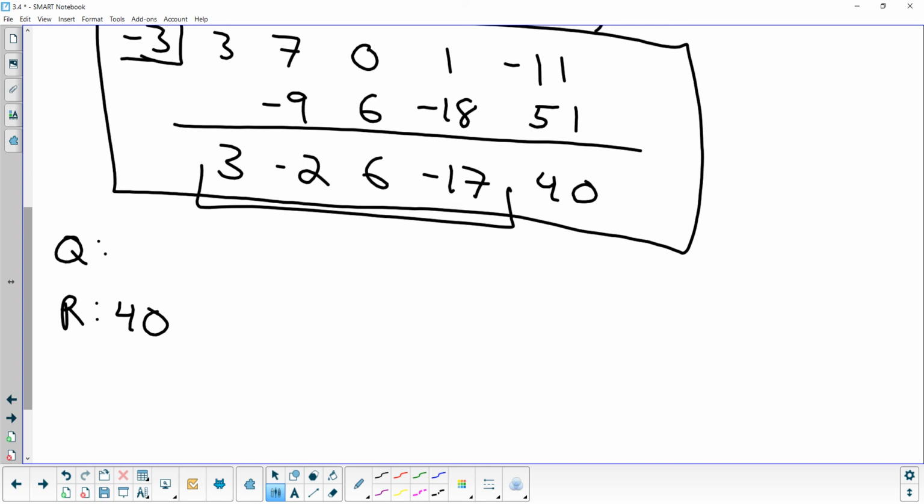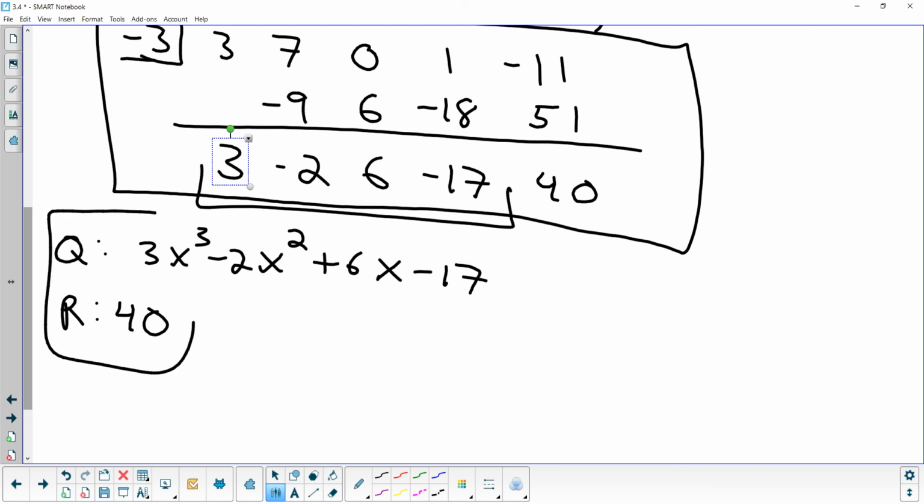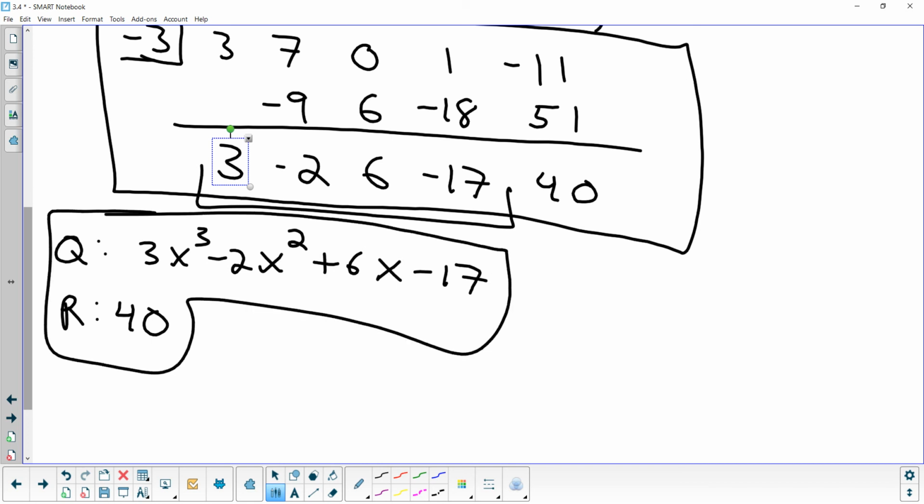That's my constant, then the x term, x squared term, x cubed term. So it's going to have a 3 in front of the x cubed, -2 in front of the x squared, 6 in front of the x, and -17 is the constant. And that's the answer.